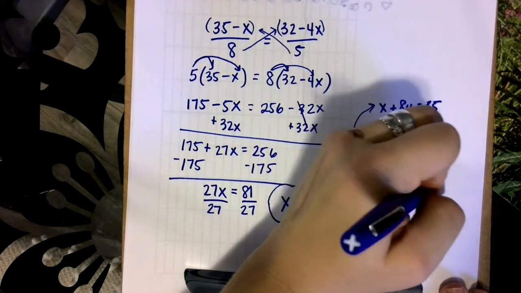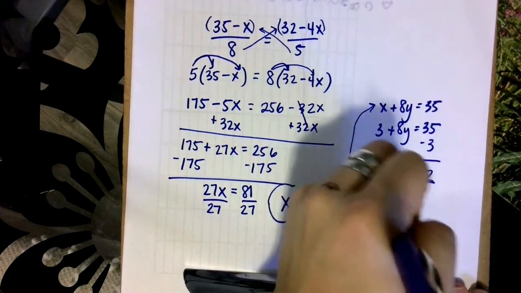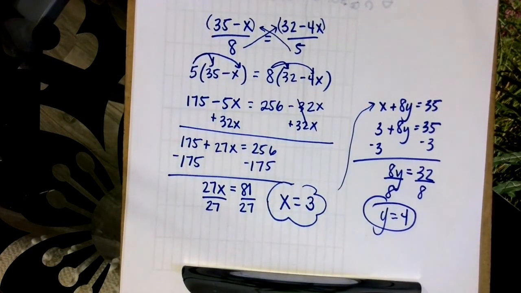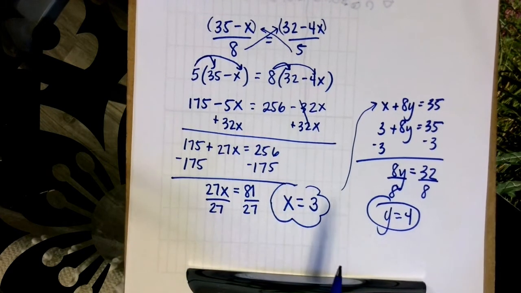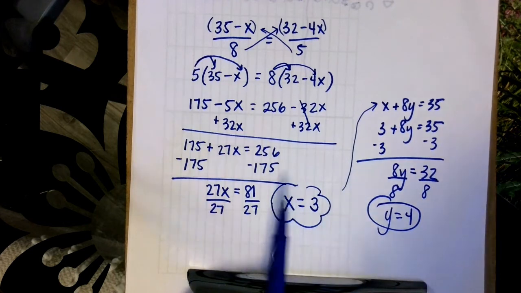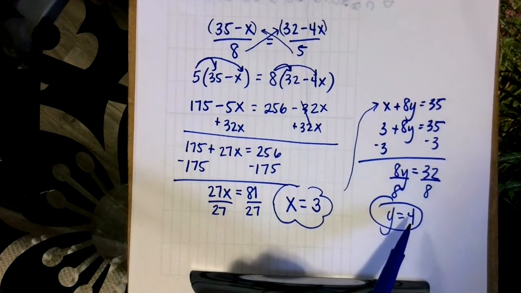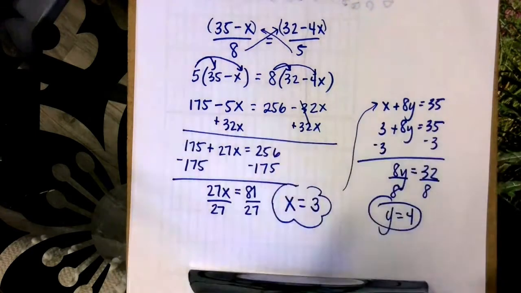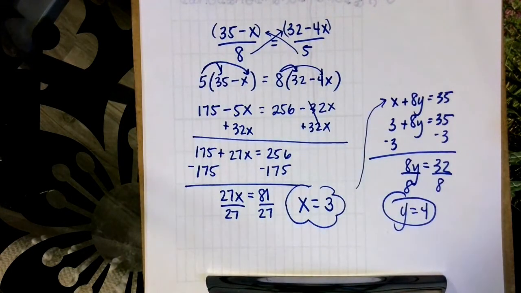Divide by 8, y equals 4. So my prisms weigh 4 ounces. So again, you have to be careful what it's asking, because the question may just say, how many ounces are the prisms? Well, you need to recognize that y was my prisms. So it would be the 4 instead of the 3.